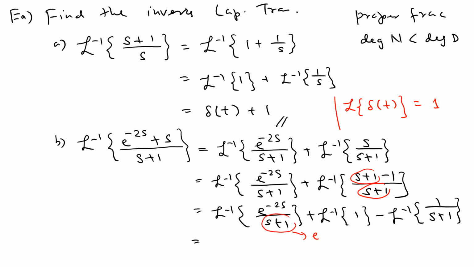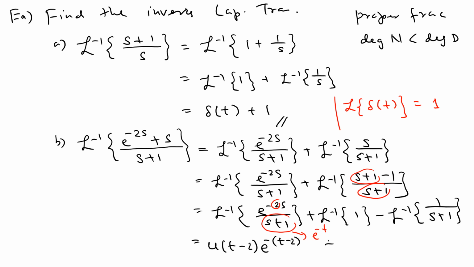So you simply replace t by t minus 2. So for the first one you get u(t minus 2) times e to the minus (t minus 2), because you write e to the minus t and then replace each t by t minus this value. Good. That's the first function.